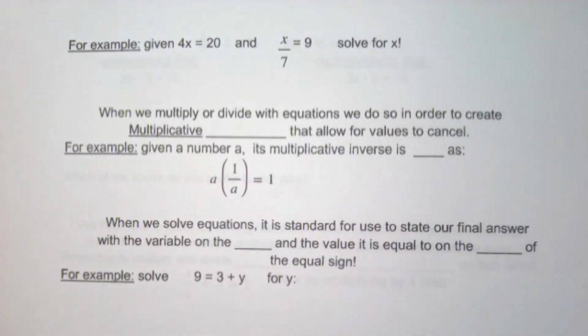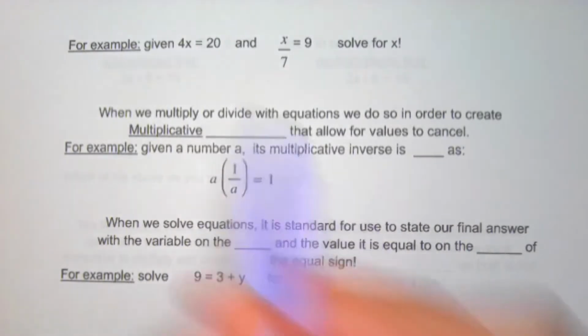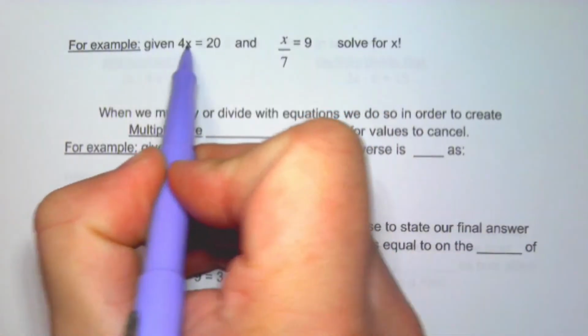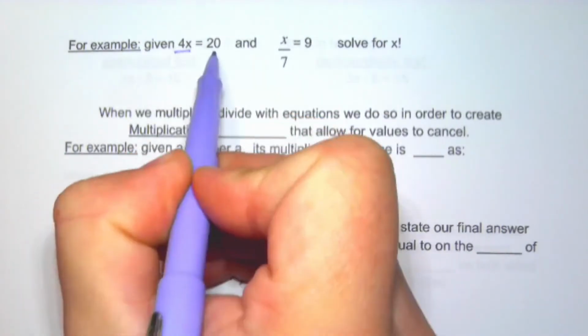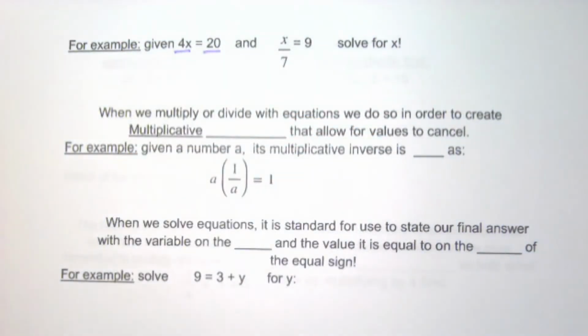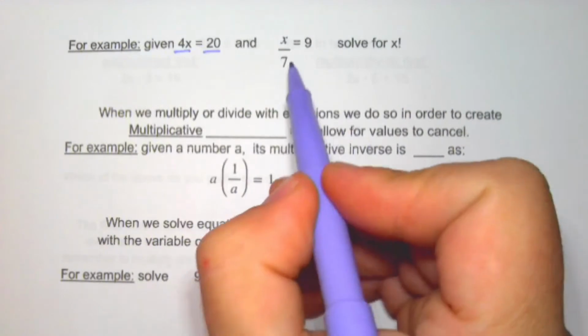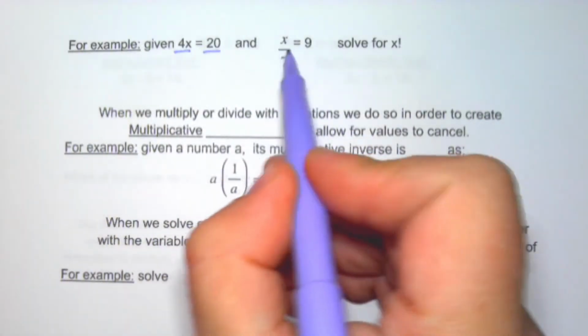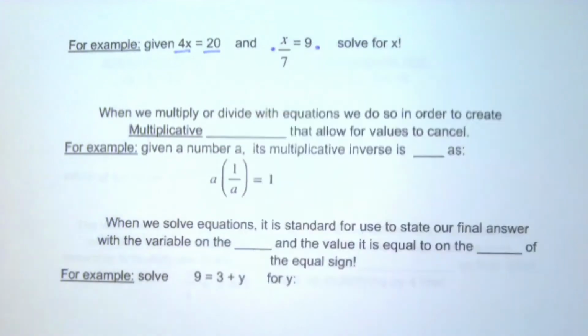So how do we do it? Well, opposite operations. If I see multiplication here, I want to divide. So I'm going to make note that I'll be dividing. And for the second equation, if I see division happening with that variable, that tells me I want to multiply both sides by something.